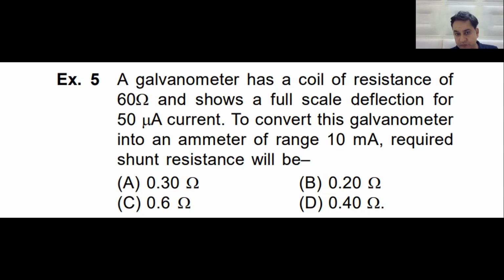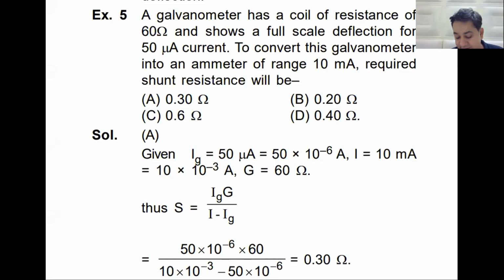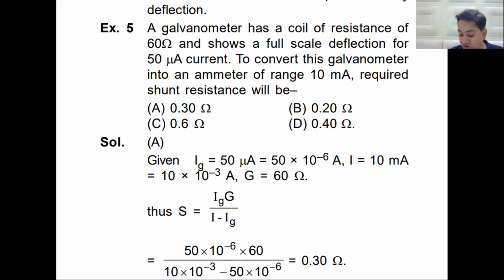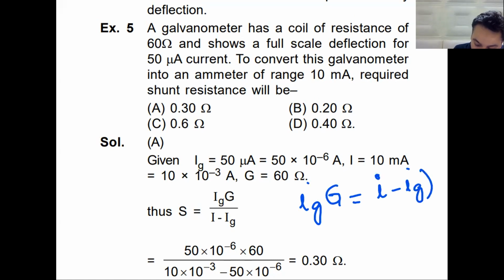To solve this question, you just need to remember the diagram of galvanometer into an ammeter, and you just remember that the potential difference is the same. So you basically need to remember that Ig, the galvanometer full scale deflection current, into G will be I minus Ig into shunt.